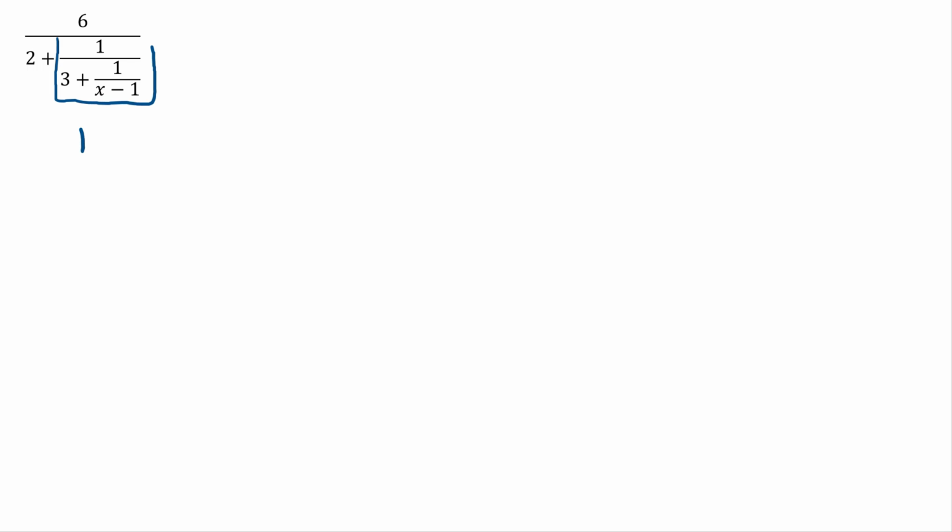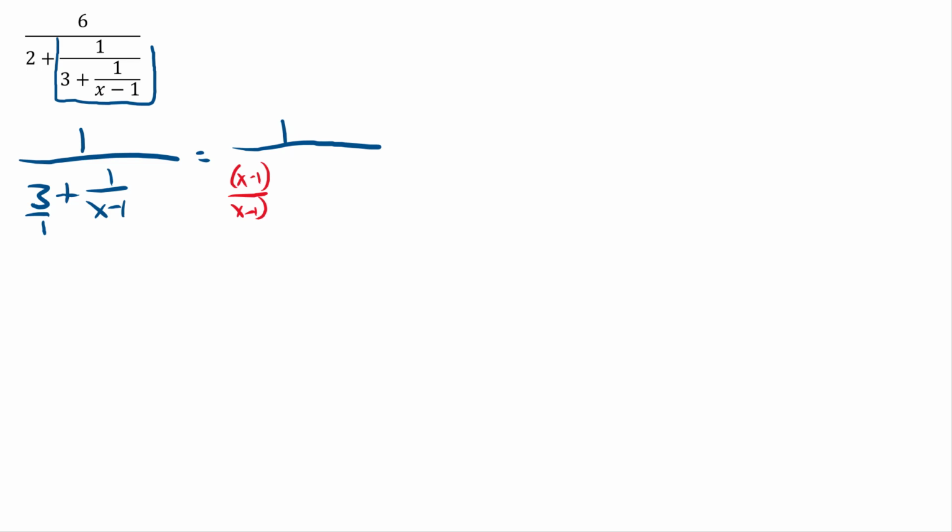So again, we have 1 over 3 plus 1 over x minus 1. Well, this 3 is over a 1. We need to get the denominator to be an x minus 1. So we're going to multiply by x minus 1 over x minus 1.